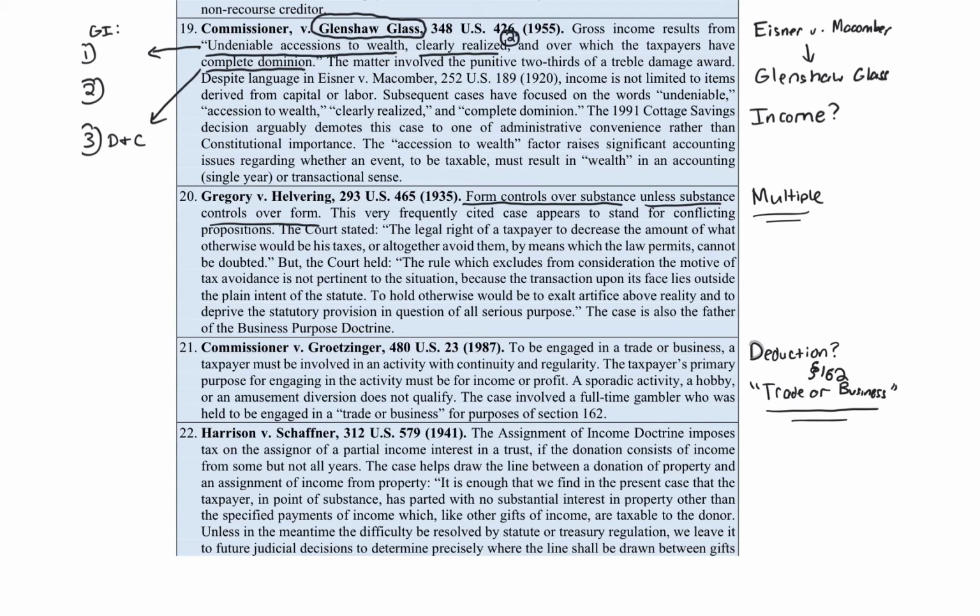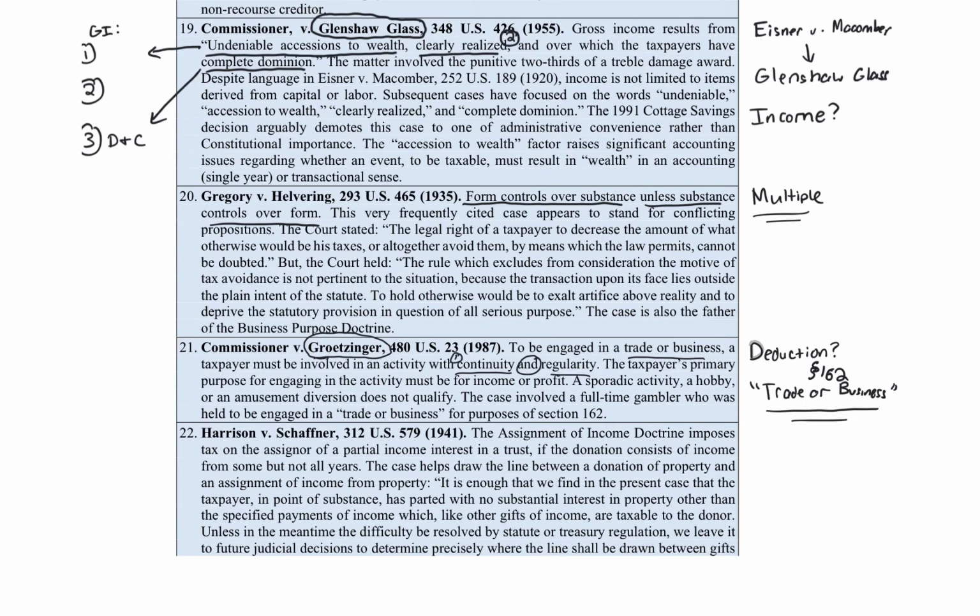There have been cases over the years, but the most recent, most relied on case is Groetzinger. Basically it says, to be engaged in a trade or business, a taxpayer must meet two things. They must be involved in an activity with continuity and regularity. That's the first element.